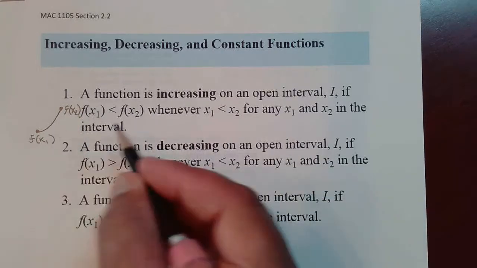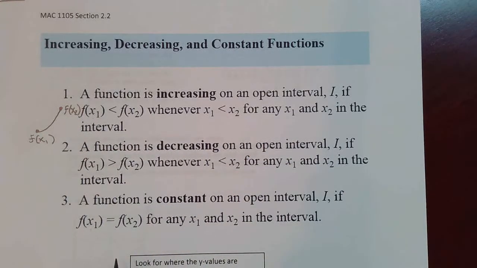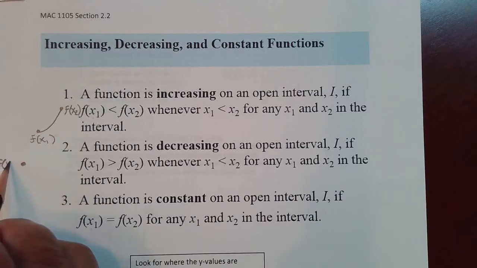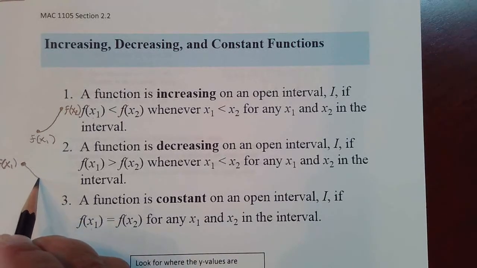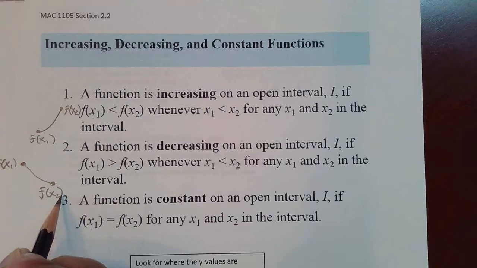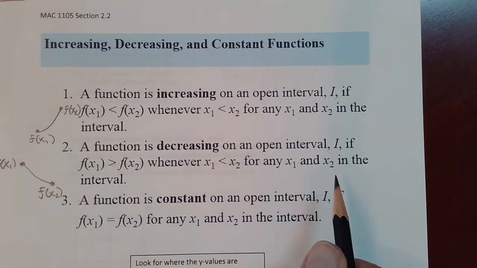That's kind of a picture of this definition. Decreasing, that means you've decided to stand on some original point. Then you move to some other point and it is lower with respect to the y value. So this would be a picture of this second definition.